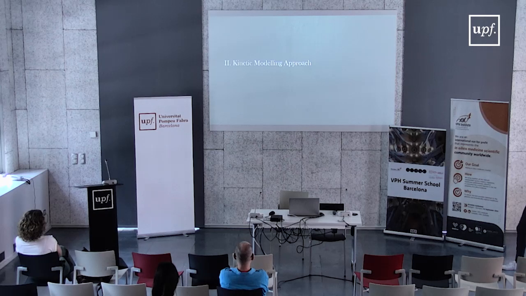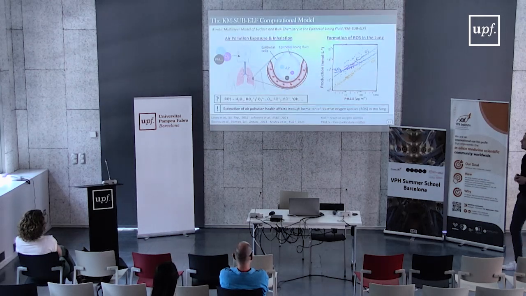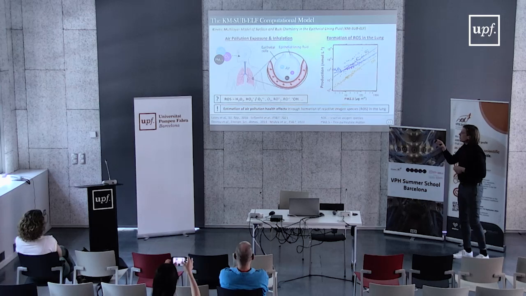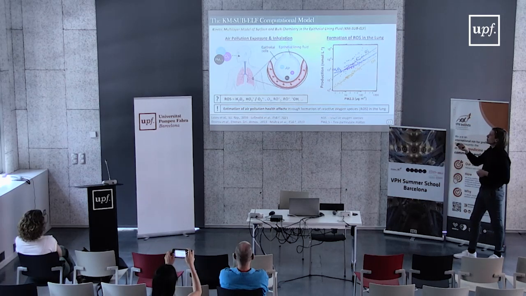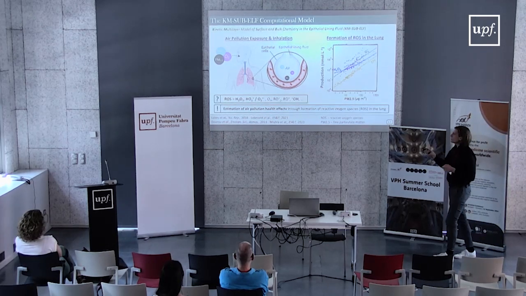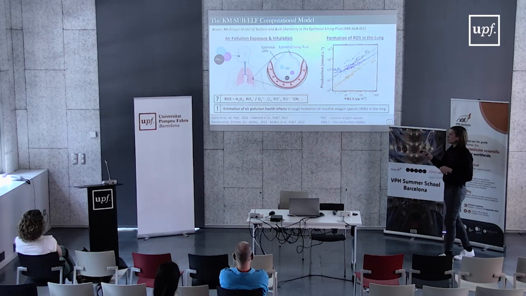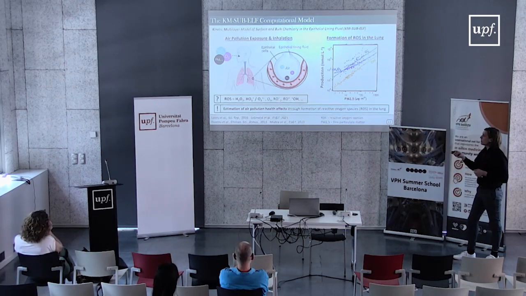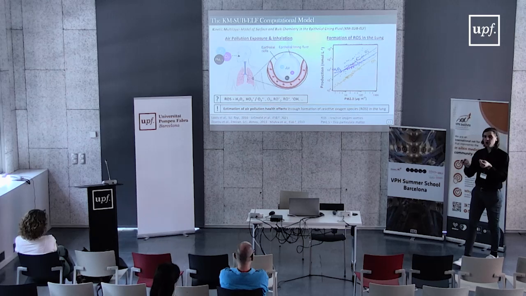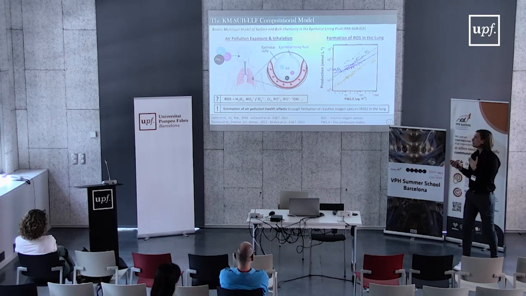This brings me to the kinetic modeling approach that we're using. So what is this epithelial lining fluid? The model we're using we call KM-SOP-ELF, the kinetic multi-layer model of surface and bulk chemistry in the epithelial lining fluid. What this model does is look at what pollutants you inhale: PM2.5, ozone, NO2. These pollutants dissolve or deposit in the lung.